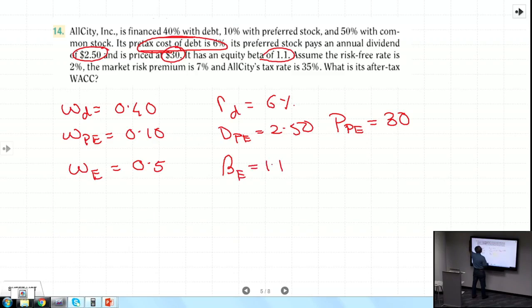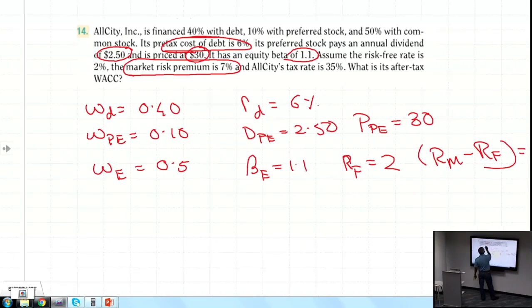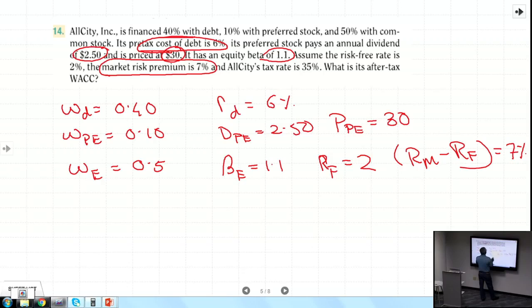Assume that the risk-free rate, RF, is 2%, and the market risk premium is 7%. That means RM minus RF, that number is 7%. Not RM. Since it says market risk premium, this is not the market return. And the tax rate is 35%.